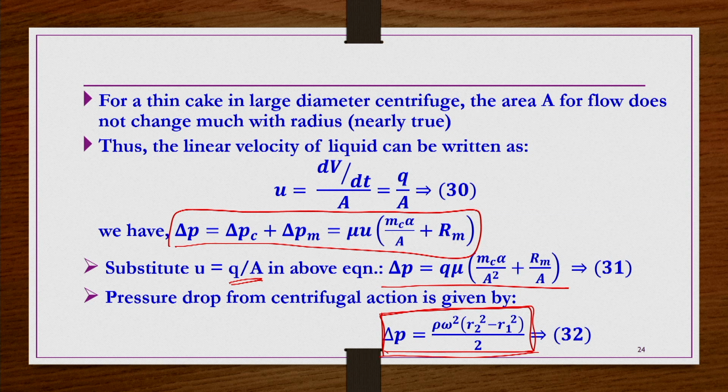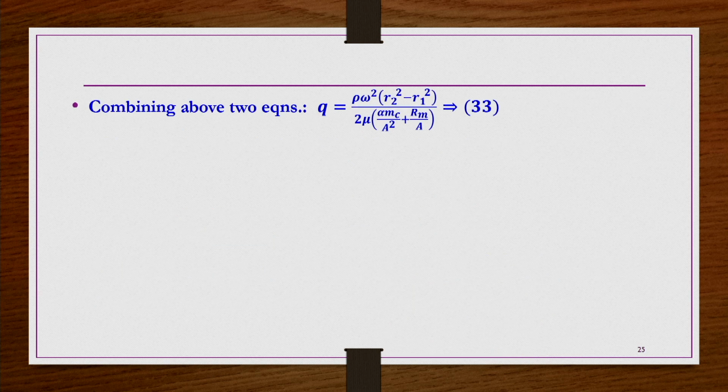For the time being, let us take this equation as it is. Now, if we equate delta P in equation 31 and delta P in equation 32, you get an expression for Q: Q equals rho omega square R2 square minus R1 square divided by 2 mu alpha mc by A square plus Rm by A.